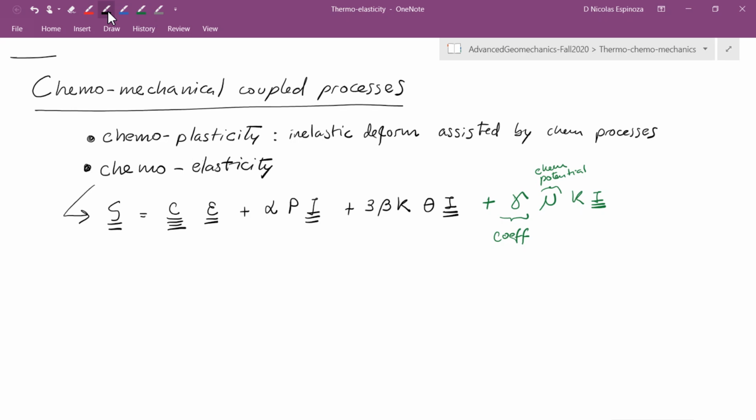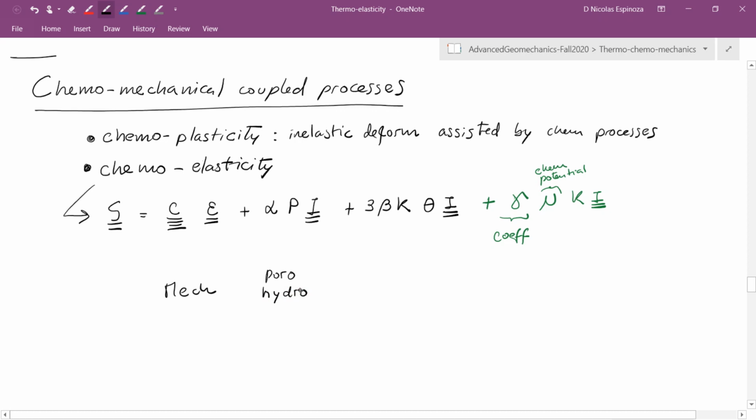So in general, now with this equation, we can take into account several types of actions on the same porous solid. This part, as we said, is the mechanical part. This second part is the poroelastic part, or also sometimes called the hydrological part, because the fluid, many times in geoscience, is water. And this is the thermal part, and last we have the chemical part.